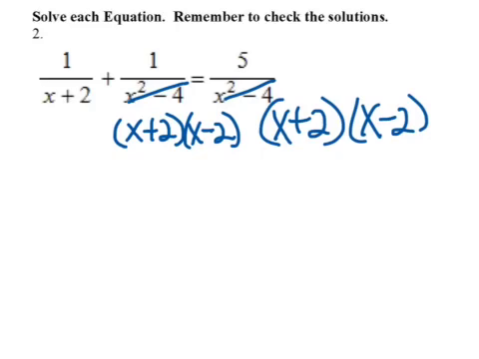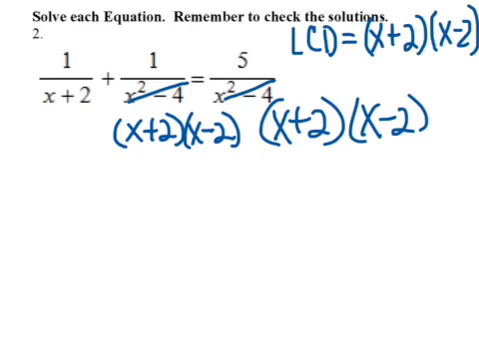Therefore, the least common denominator is equal to x plus 2 times x minus 2. So let's go ahead and multiply the top and the bottom of our first fraction by x minus 2.